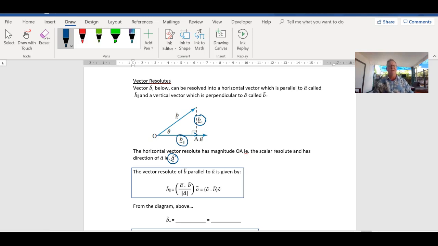So once again, this vector from O to capital A is what we refer to as the horizontal vector resolute.